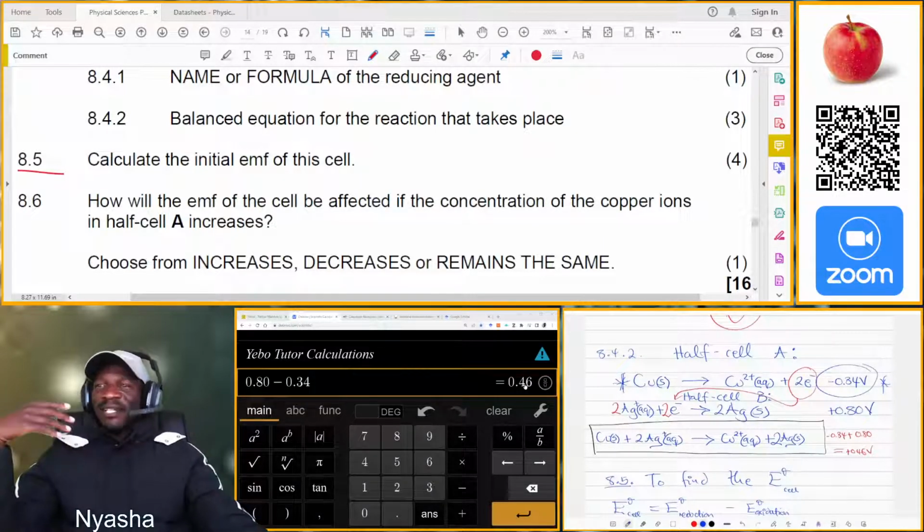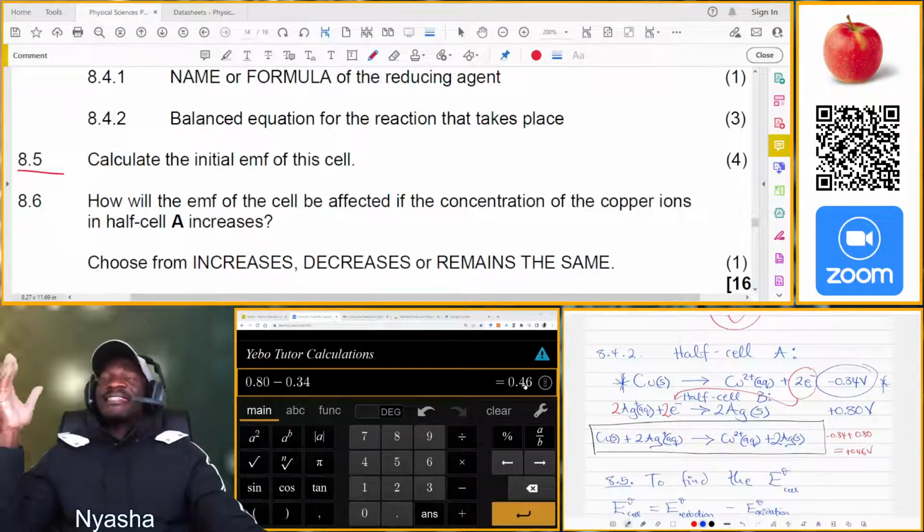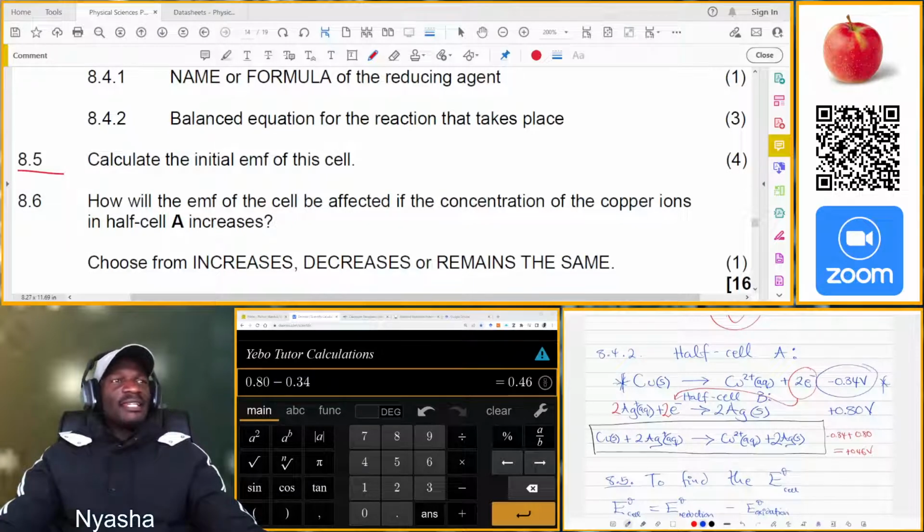So what happens if we have our negative potential continuously present while the positive potential is continuously getting less and less? So we are going to have a reduction, isn't it? We'll have a reduction. So just think about it. This process, you are going to end up getting a decrease in the potential.